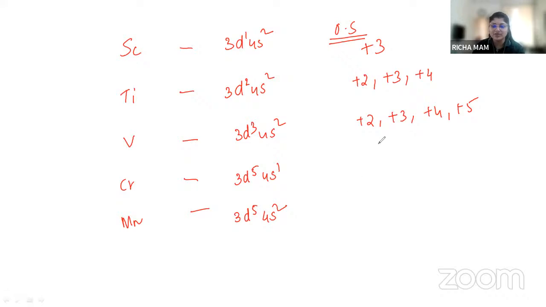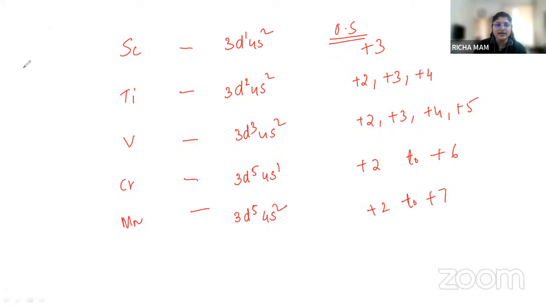Here the maximum is 6, so it will show from +2 to +6. Then here, how many? 7, so it will show from +2 to +7. So these are the different variable oxidation states shown by these first 5 elements.